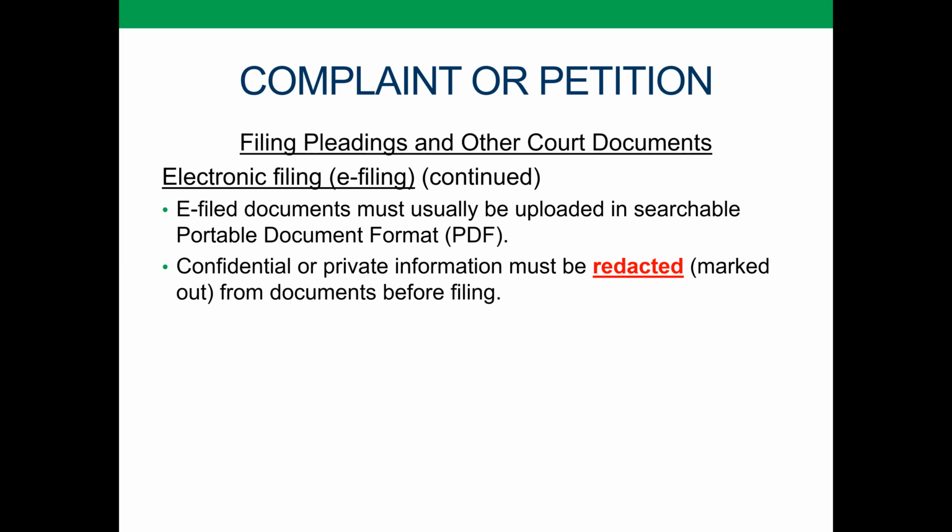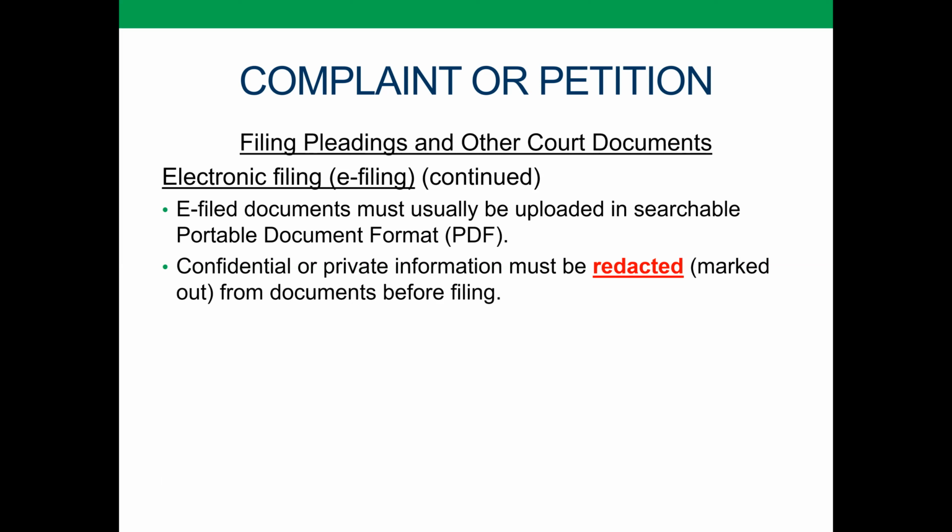Now, another requirement for electronic filing is that if there's any confidential or private information, such as social security numbers, dates of birth, and so forth, it must first be redacted, that is, marked out from documents before they are uploaded into the filing system. You may have seen police reports where certain information has been blacked out or whited out so that you can't see it because it's private or sensitive.